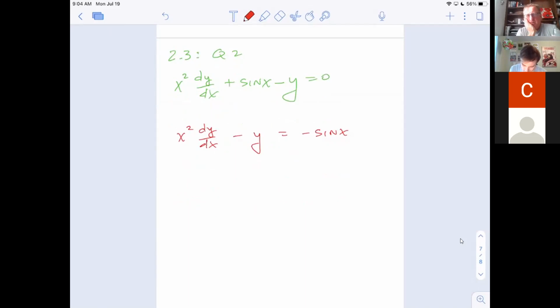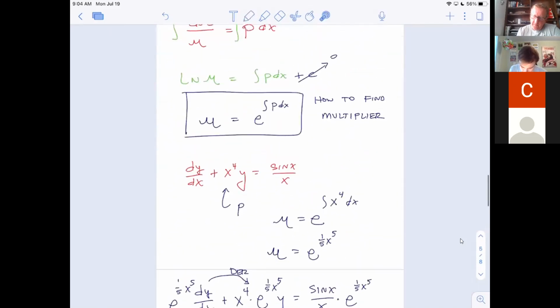What's my next move here? Multiply everything by mu. Yes, except to find mu, what has to happen to this guy here? How did we find mu a second ago?